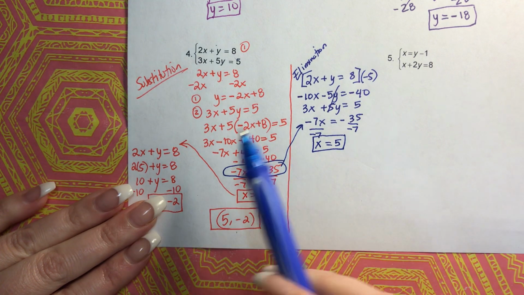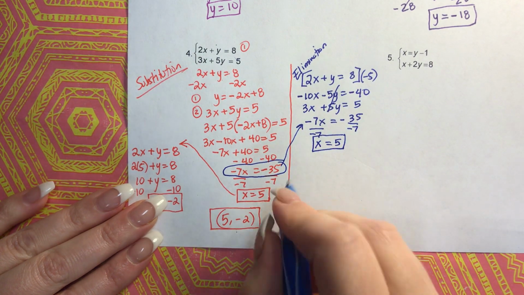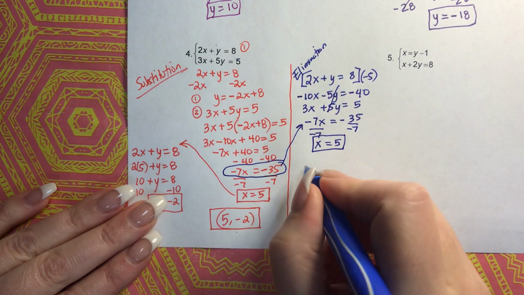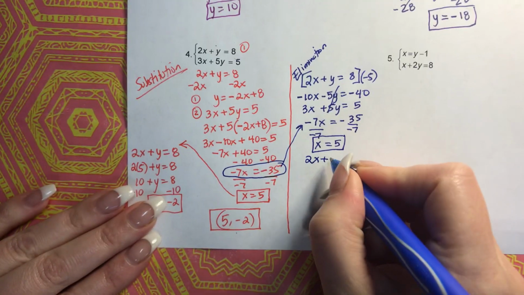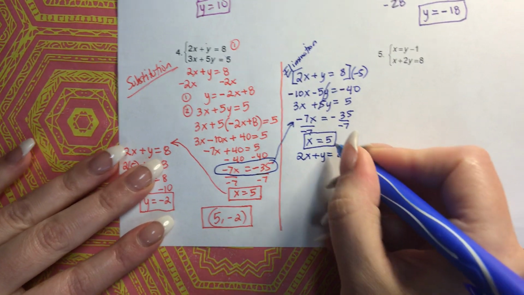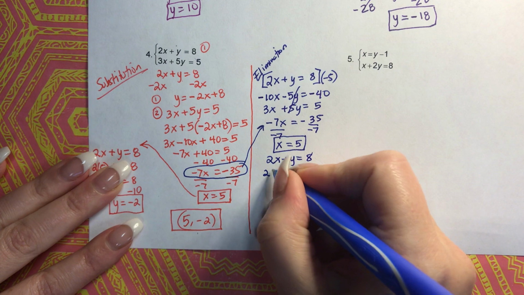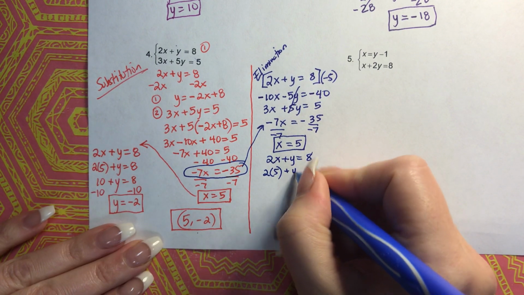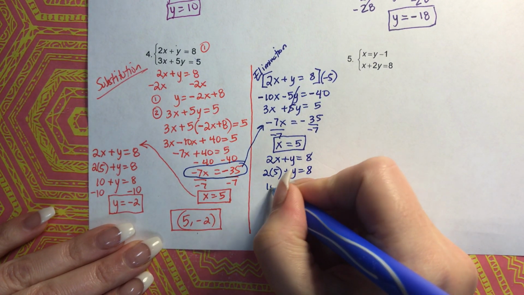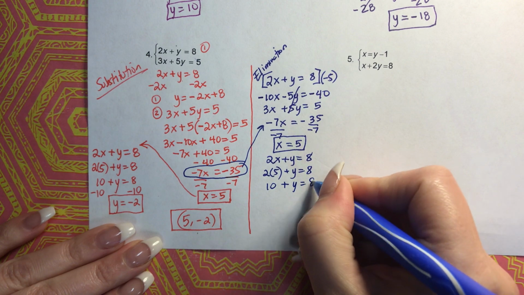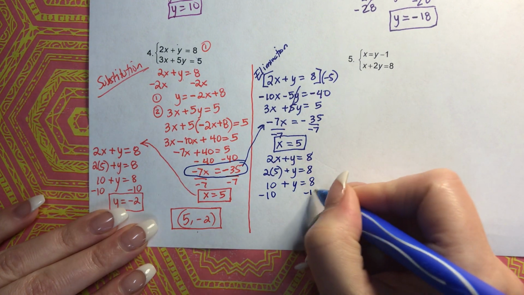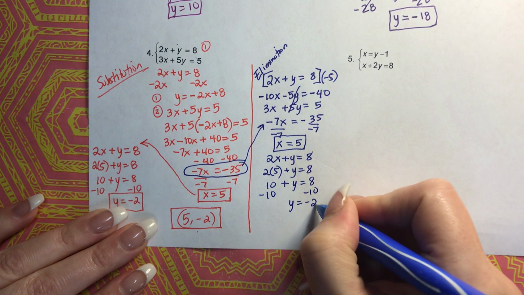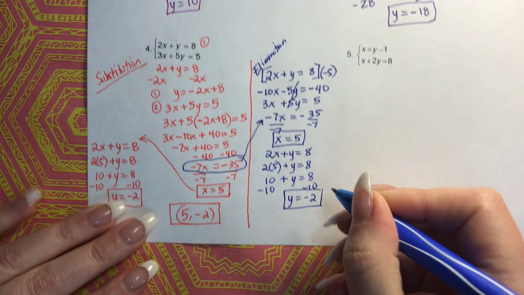And then we just write that same equation again, 2x plus y equals 8. Substitute 5 in there. We get 10. Subtract 10. We get y equals -2. So you get the same answer, right?